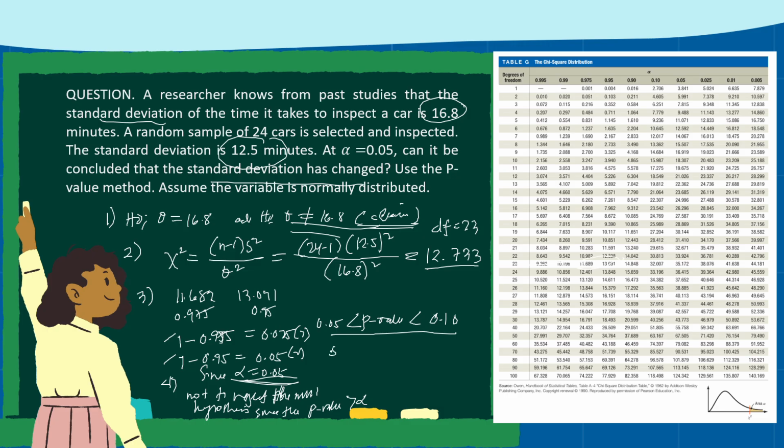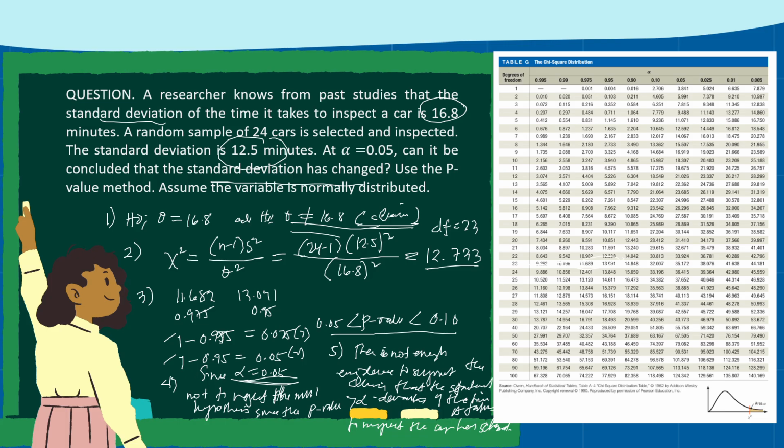And summarize the results. Step number 5, there is not enough evidence to support the claim that the standard deviation of the time it takes to inspect the car has changed.